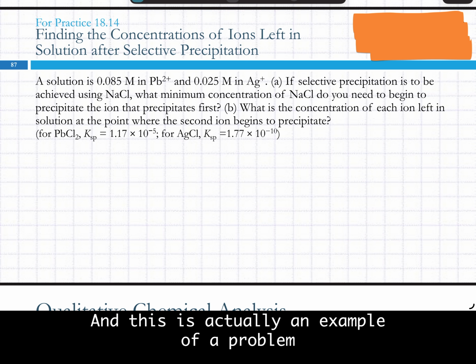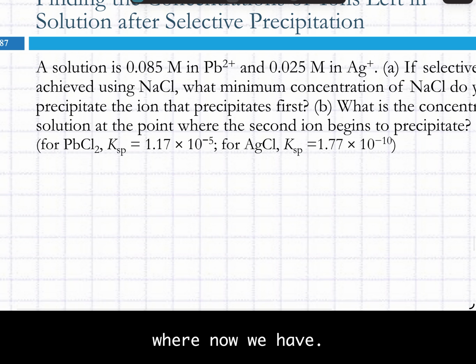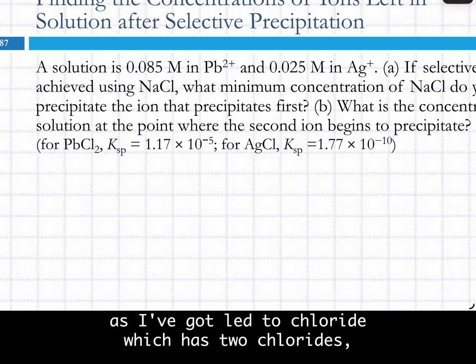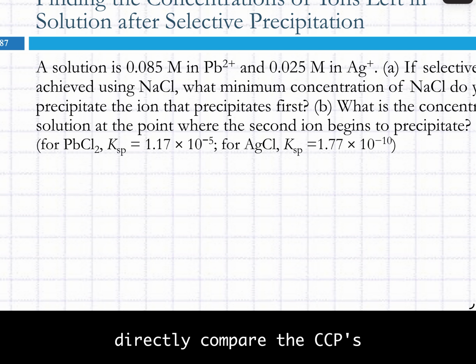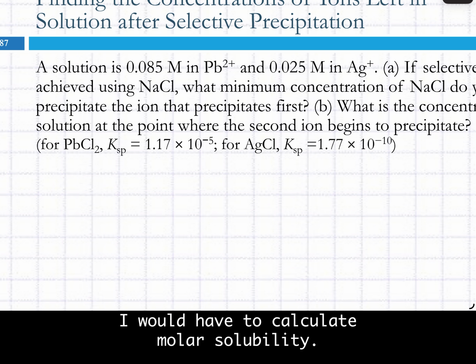And this is actually an example of a problem where now we have PbCl2 and AgCl. Right, so I've got lead 2 chloride, which has 2 chlorides, and I have silver chloride, which has 1 chloride, which means that I cannot just directly compare the KSPs to figure out which one's going to be less soluble. I would have to calculate molar solubility.